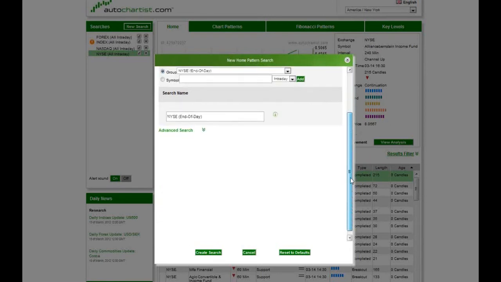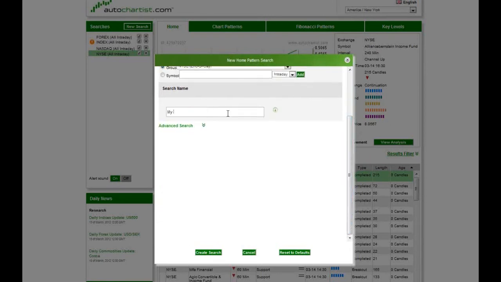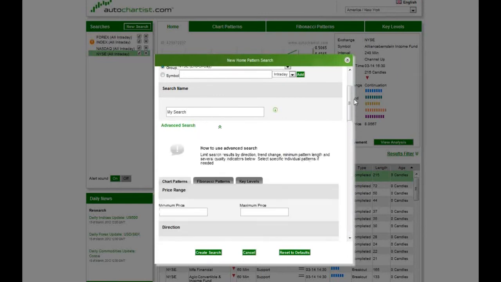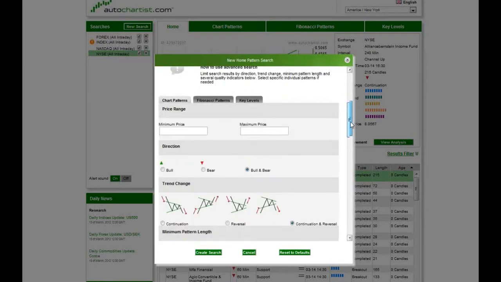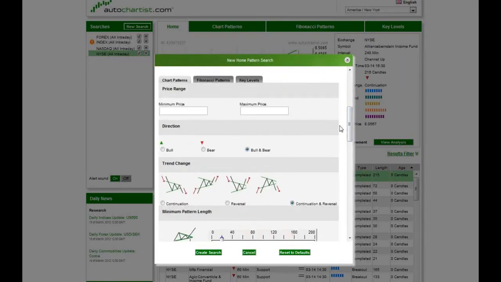and what I can do is name my search, and I'll call it My Search. Then I can go into the advanced search section. The advanced search section allows me to edit specific search criteria for different types of analysis, whether it's chart patterns, Fibonacci patterns, or key levels.